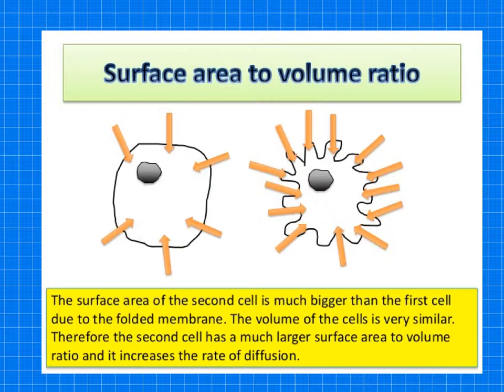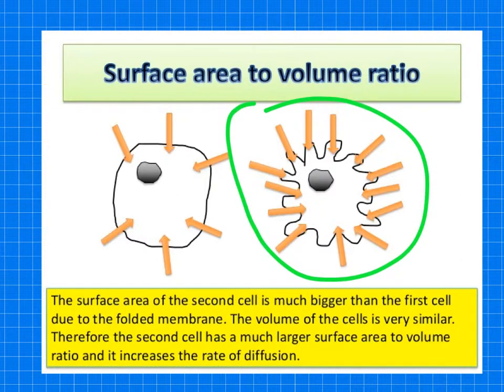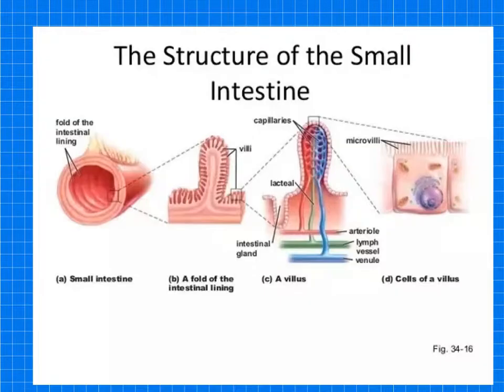You can see that the cell on the right side has a much more folded cell membrane. The volume of the cells are very similar, but the second cell has a much larger surface area to volume ratio, and that increases the rate of diffusion.